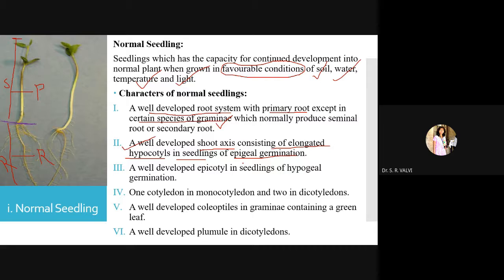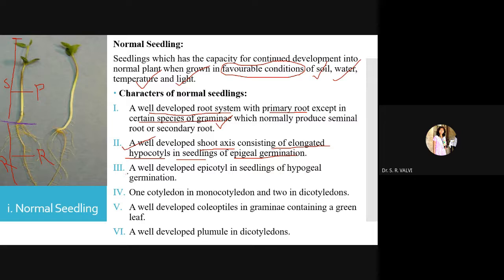You might have seen the small seedling of your imli, right? The seedlings are coming up, the seeds or the cotyledons are coming up above the ground, you can easily recognize them, and then further the epicotyl is going to form, right? So this is epigeal germination.